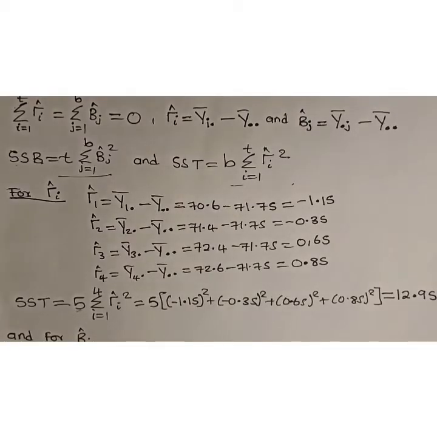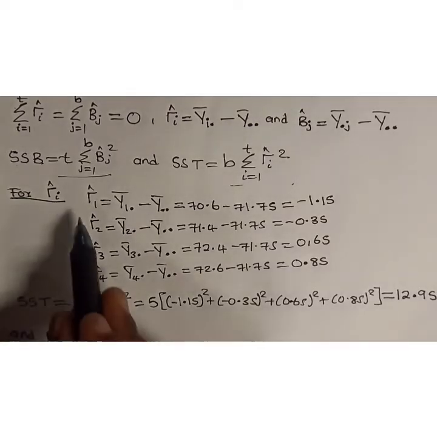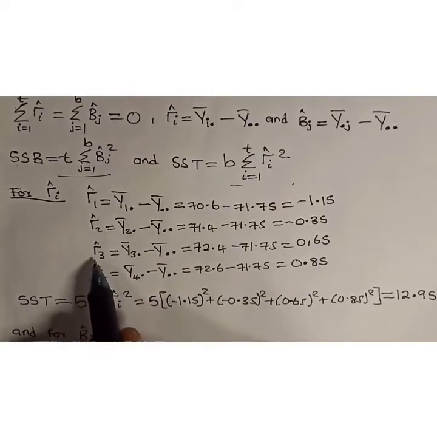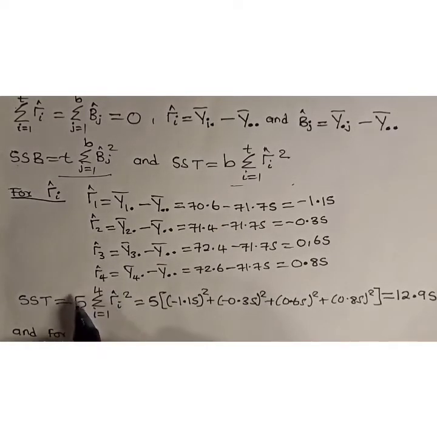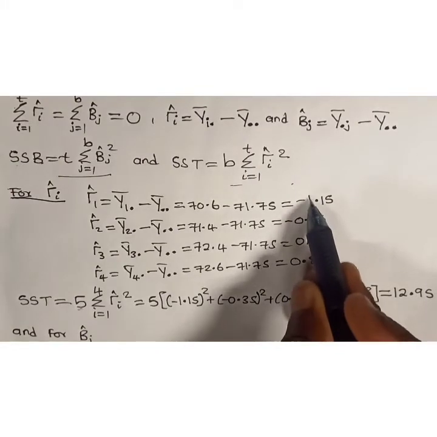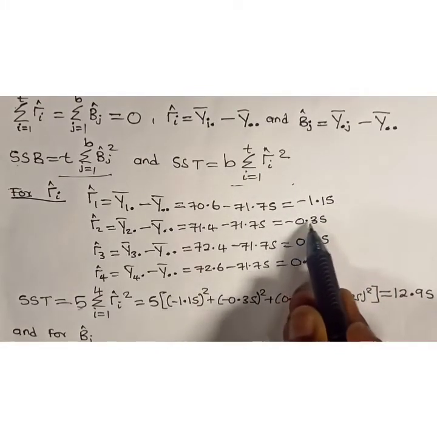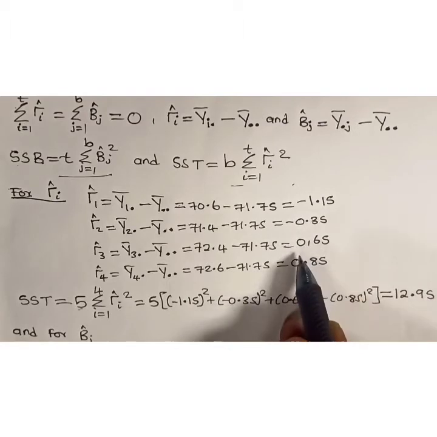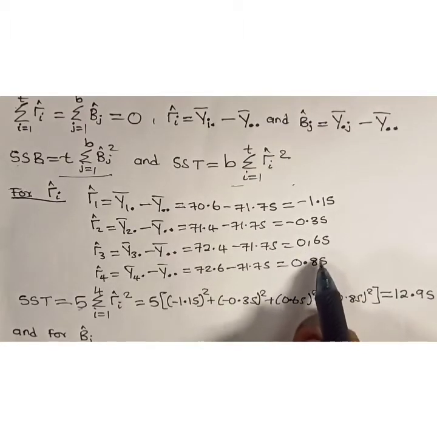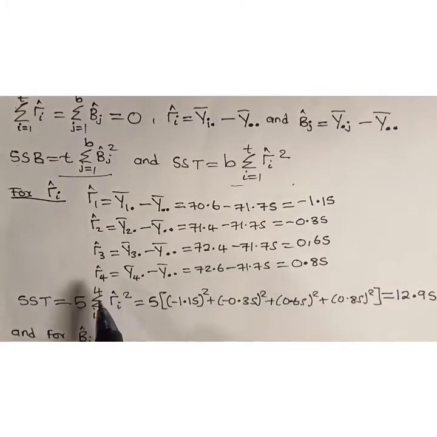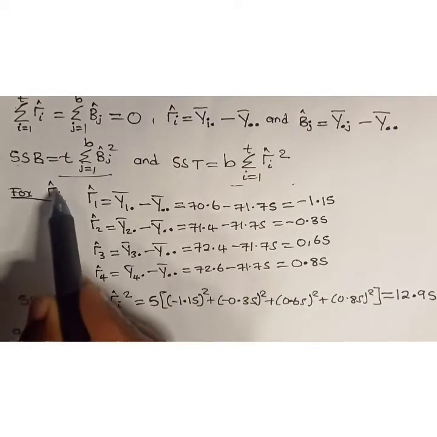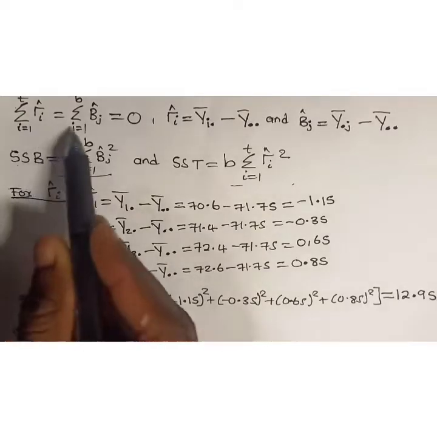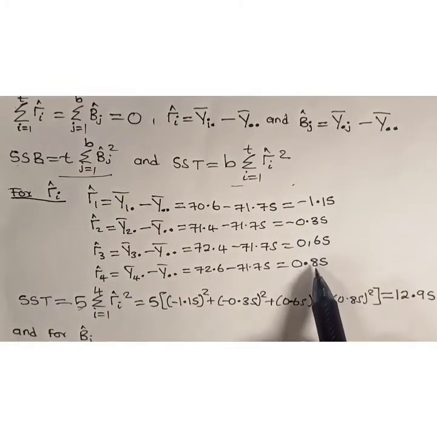For the estimated effect of treatment, since we have 4 treatments, we have tau 1 hat, tau 2 hat, tau 3 hat, tau 4 hat, given by negative 1.15, negative 1.35, 0.65, and 0.85 respectively. Note that the summation of these estimated effects of treatment equals 0. If you sum these, you'll get 0.